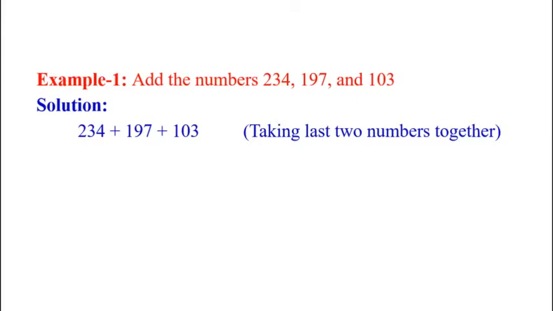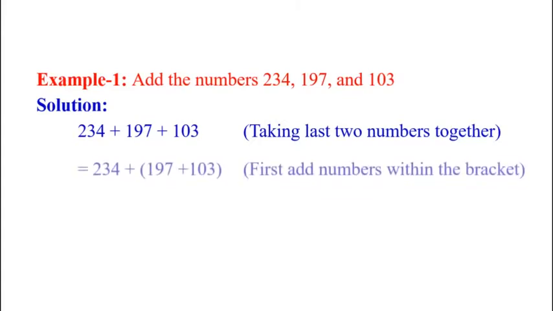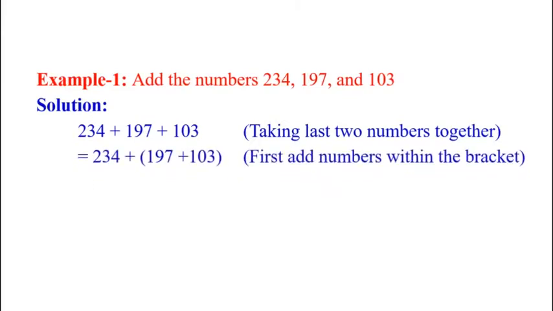Taking the last two numbers together, we can write it as 234 plus within bracket 197 plus 103. First add the numbers within the bracket. So that is equal to 234 plus 300 is equal to 534.